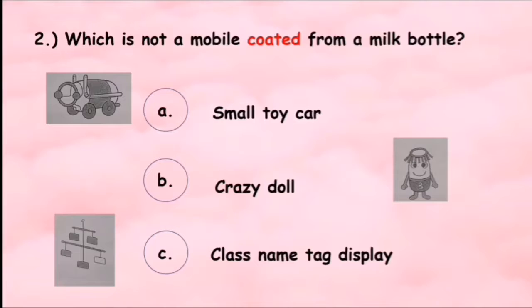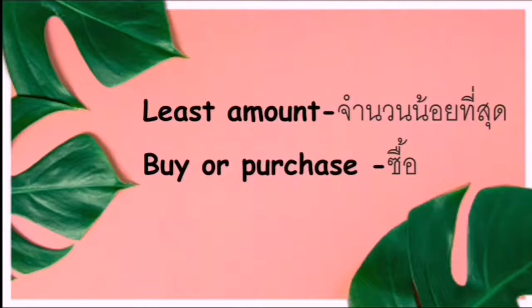Please look carefully and check which picture does not use a milk bottle. Is it the small toy car? Is it the crazy doll? Or is it the class name tag display? Please shade your answer.